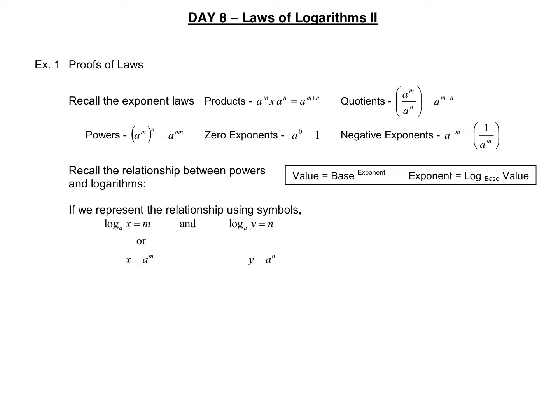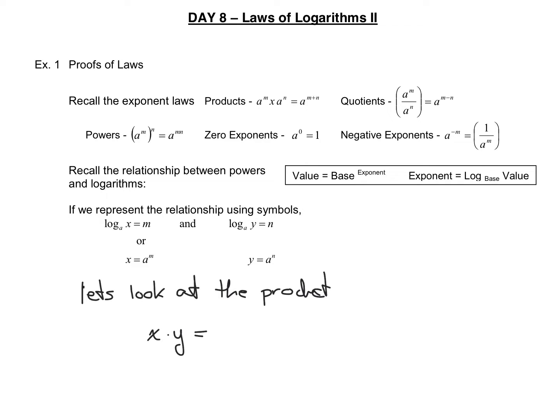Now what we're going to do is do a few things to this and see what happens. I'm going to take the product of these. So we would have, of course, x times y.